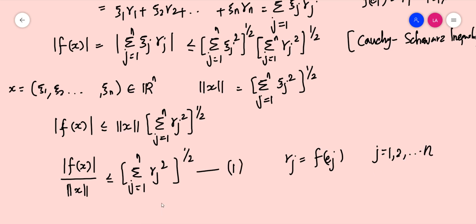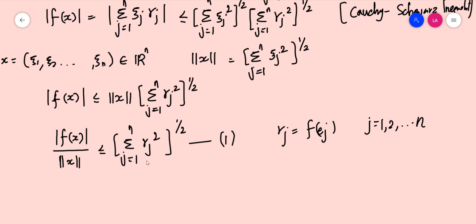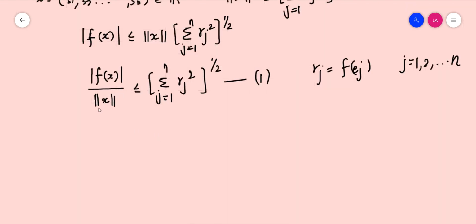Now our objective was to have a better understanding of norm f. Norm f is defined as the supremum over x element of capital X of modulus of f of x by norm x. If you take modulus of f of x by norm x for every x, this inequality holds.